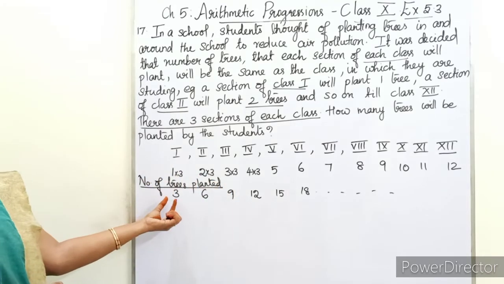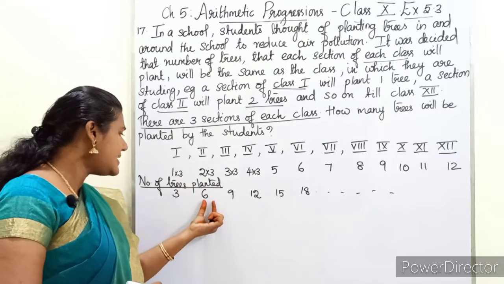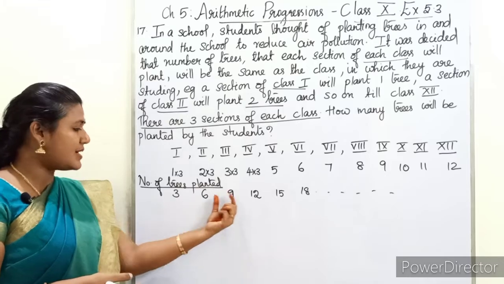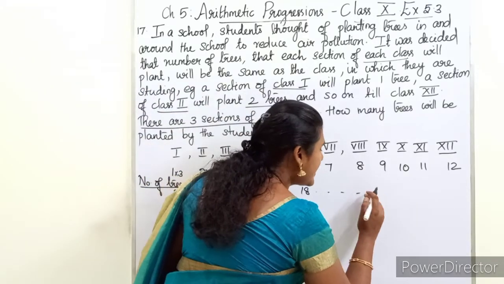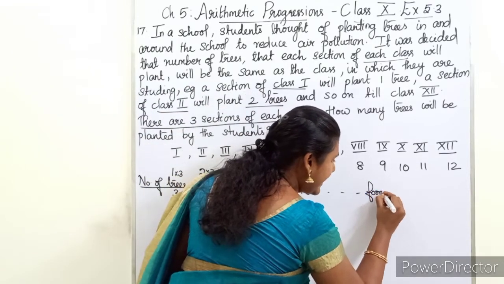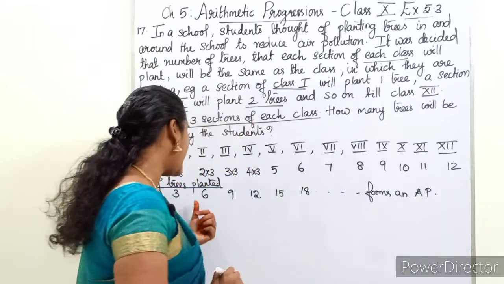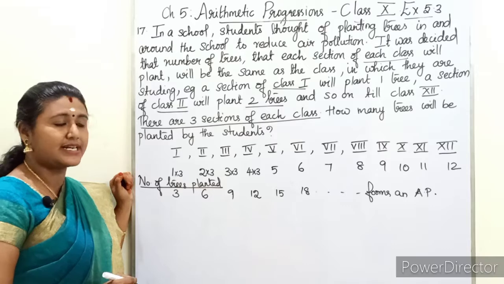If you see these numbers 3, 6, 9, 12, 15, etc., these numbers form an AP because 3 is added each time.